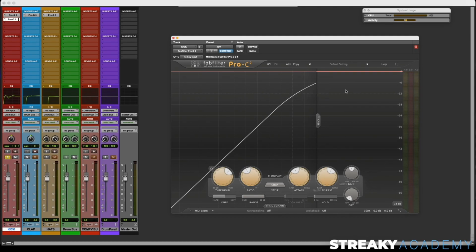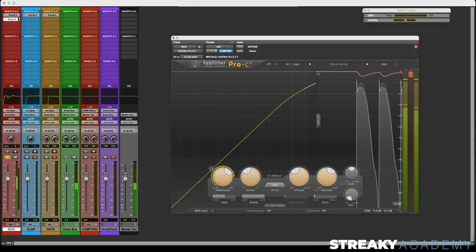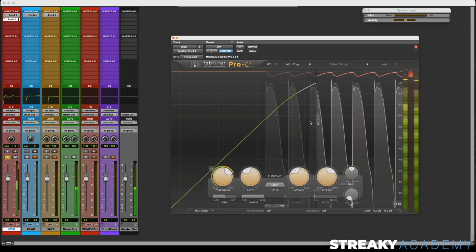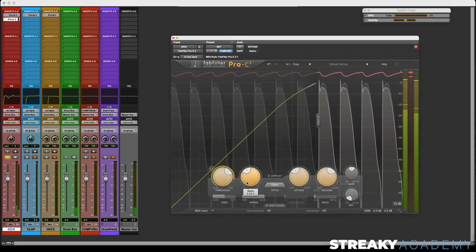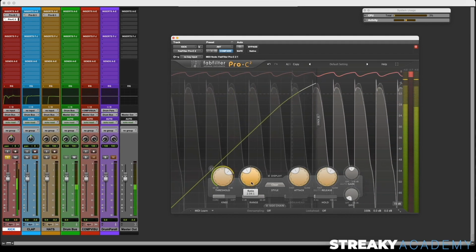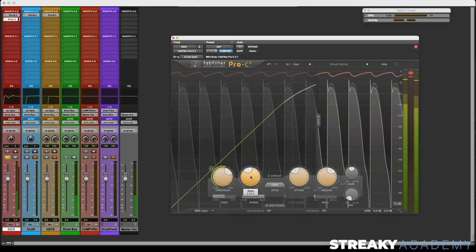Now when I press play, you will see compression characteristic represented by this red line. This is known as gain reduction because the volume or gain has been reduced. The higher the ratio, the more the gain reduction.